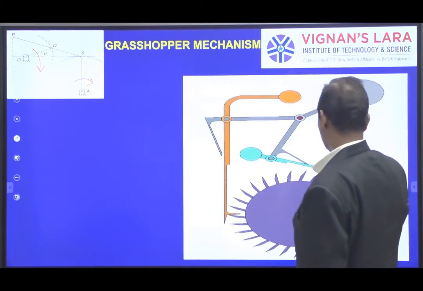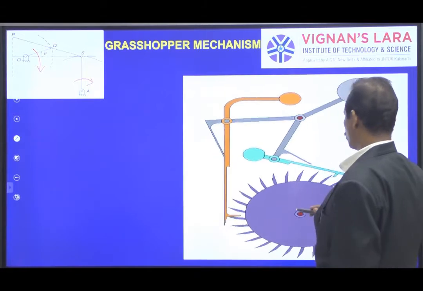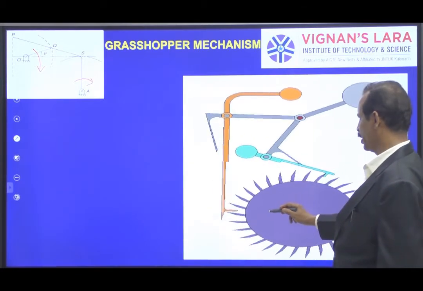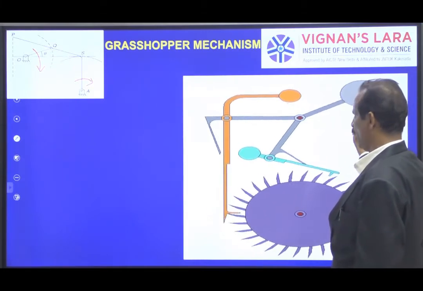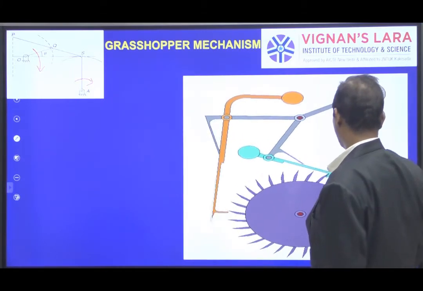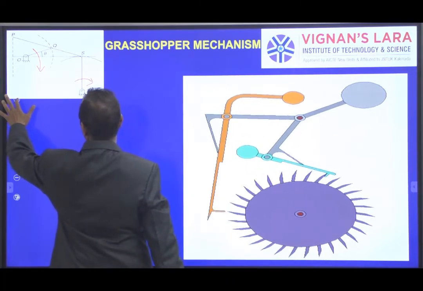So this mechanism is an application of that; for small angular displacements you can get a small amount of horizontal or vertical path. Okay, so how can we prove this mathematically, let us see.